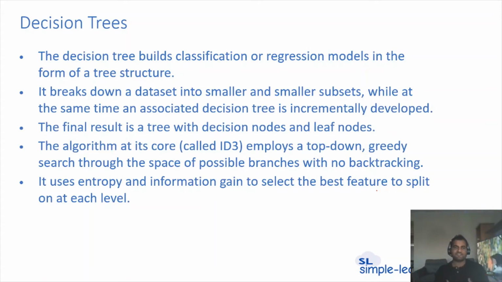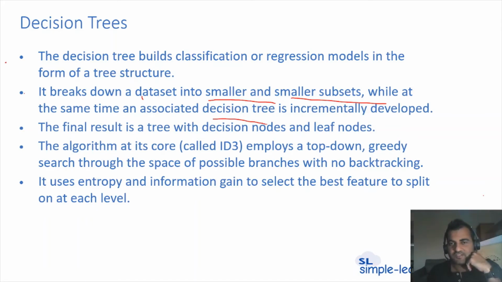So let's understand decision tree. A decision tree is a classification or regression model in the form of a tree structure. Tree structure means the data set is broken into smaller and smaller subsets, while at the same time an associated decision tree is incrementally developed.